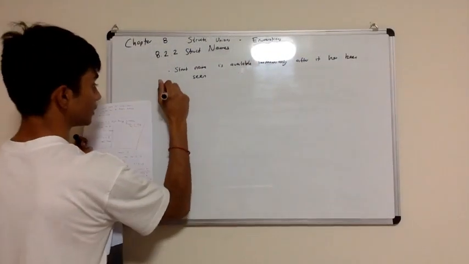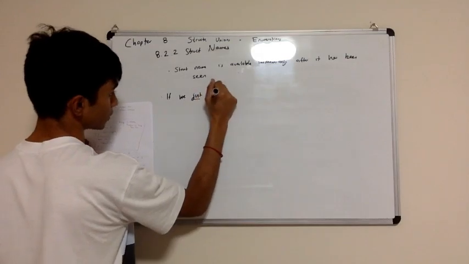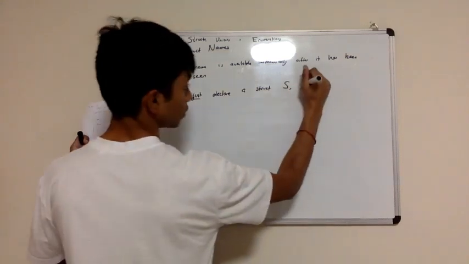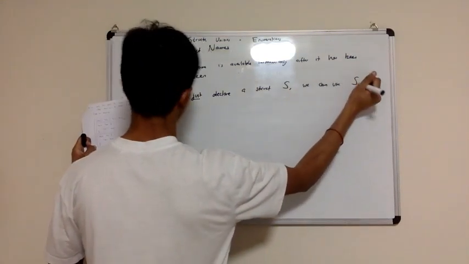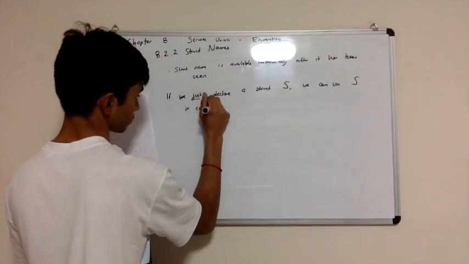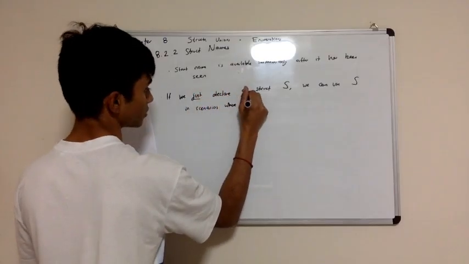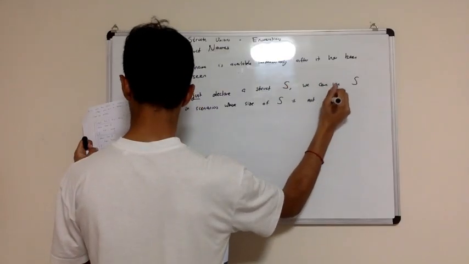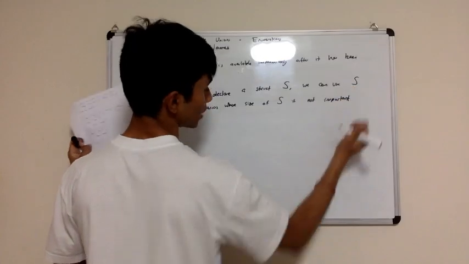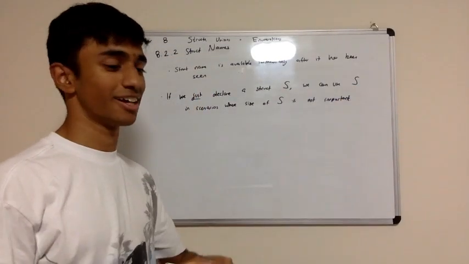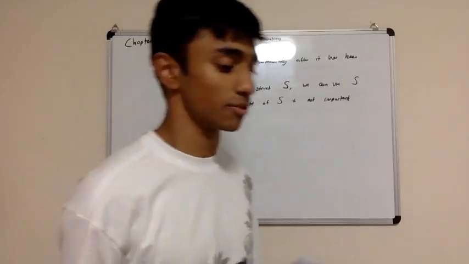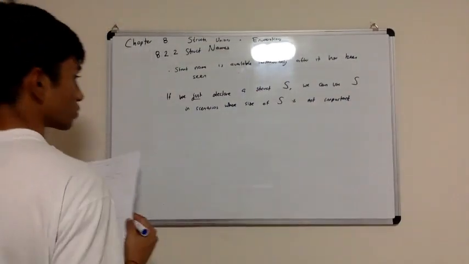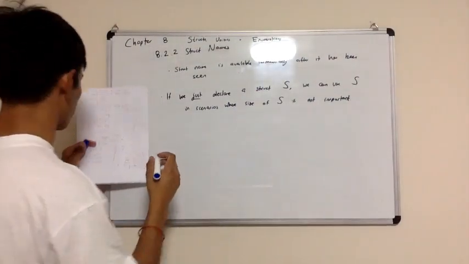So if we purely declare a struct S, some generic struct S, we can use S in scenarios where the size of S is not important. Unfortunately, as you might imagine, there's not many use cases where this actually works, because generally speaking, when you're working with a computer and it's trying to represent things for you, it needs to know the size of things in order to be able to represent them accurately. So there's not many situations where this works super well, but just to list them out.